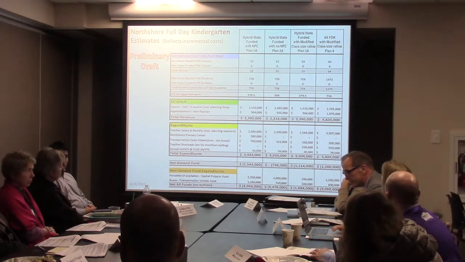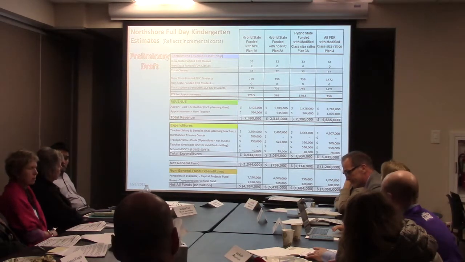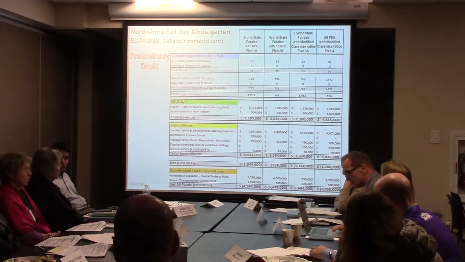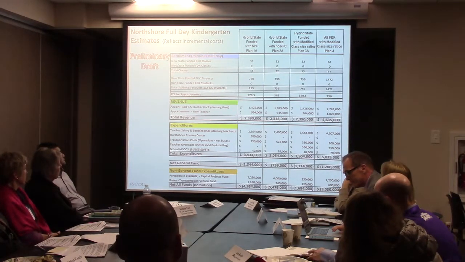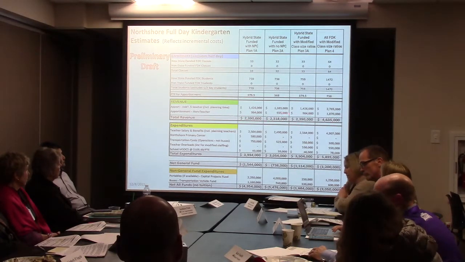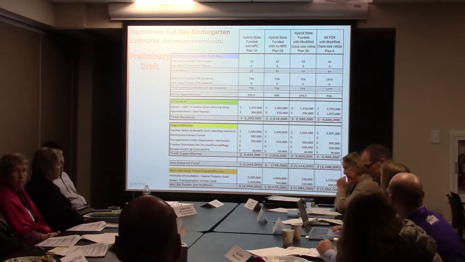We've taken those off to simplify the slide, but also because our operating principle has been, once we can capture state funding for full-day kindergarten, we're not justified in charging tuition for it any longer. So we will receive additional revenue for each of these plans because of the state funding the other half of all the full-day kindergarten students.